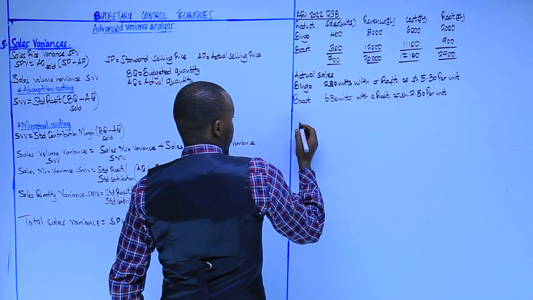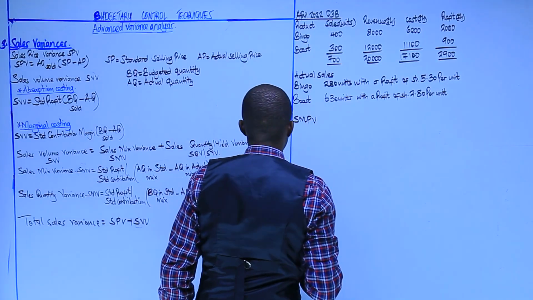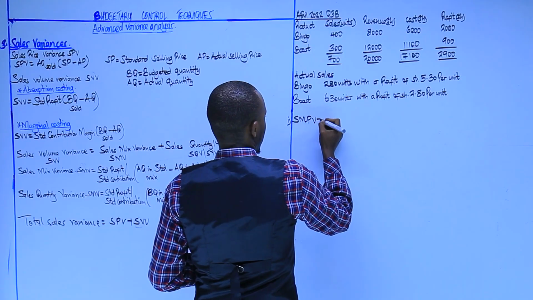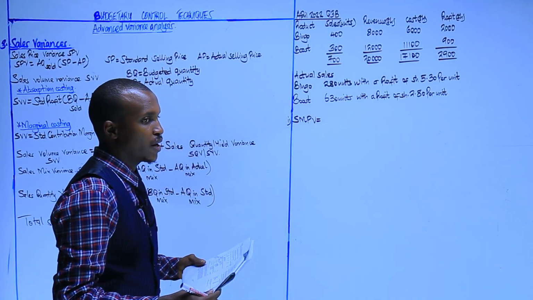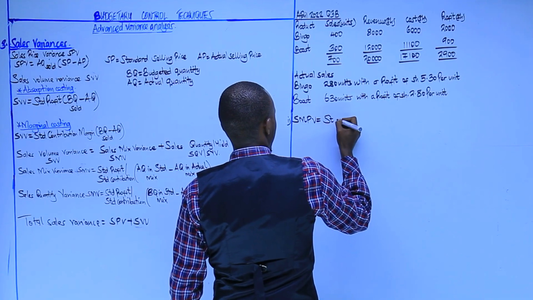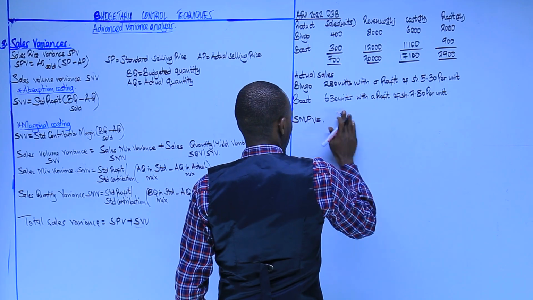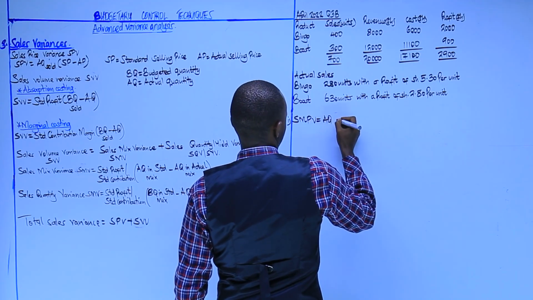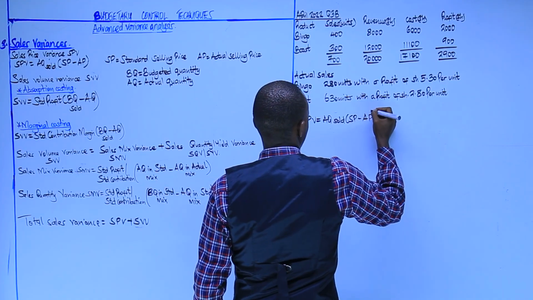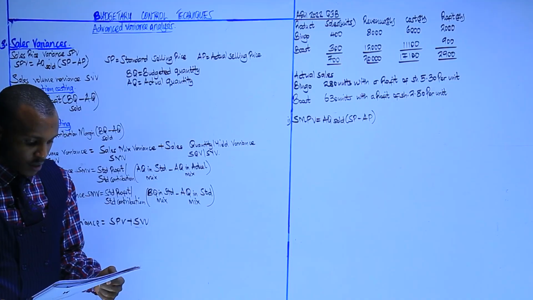We can start with the first variance, the sales margin price variance, the first part of that question. Your sales margin price variance is your actual quantity sold, your standard selling price per unit minus your actual selling price per unit.